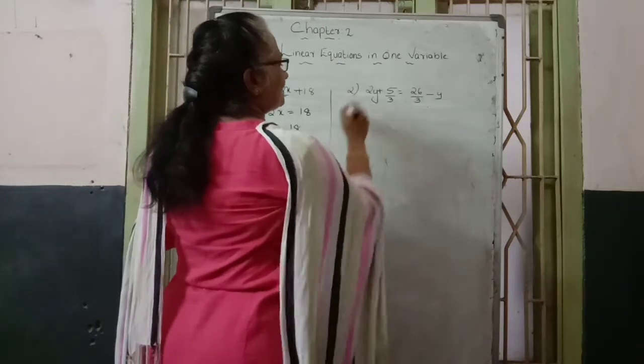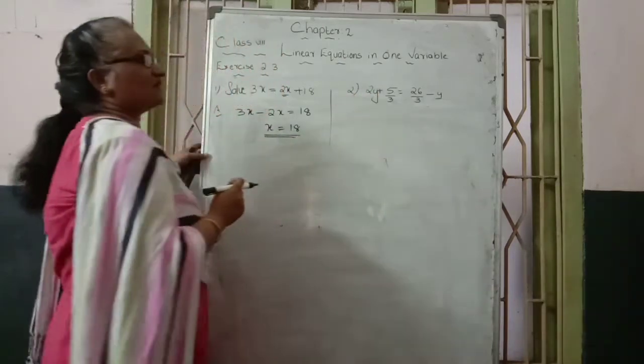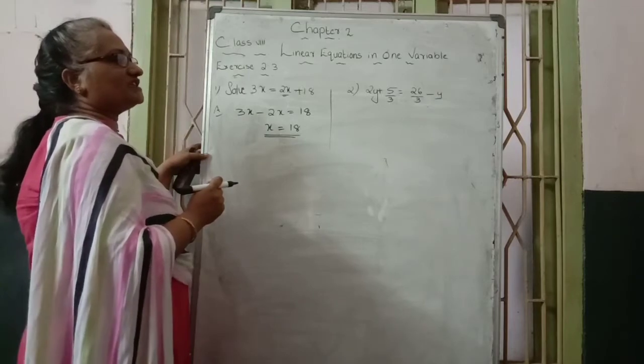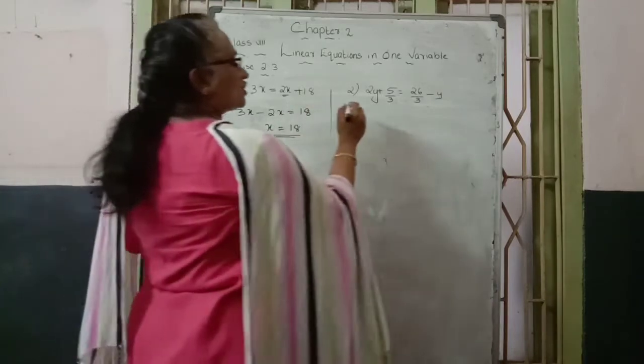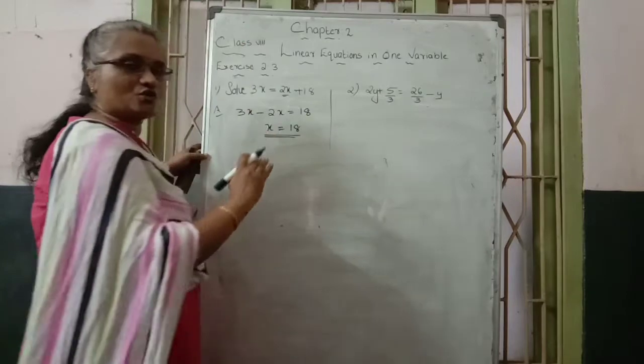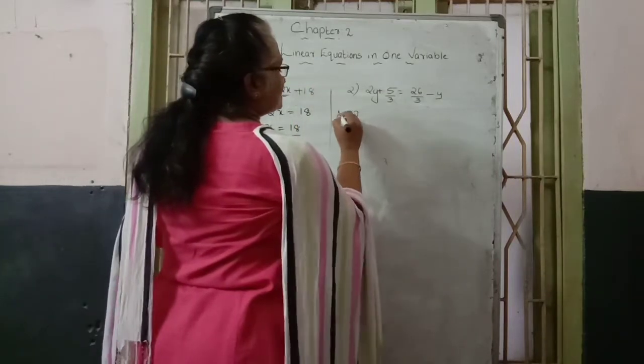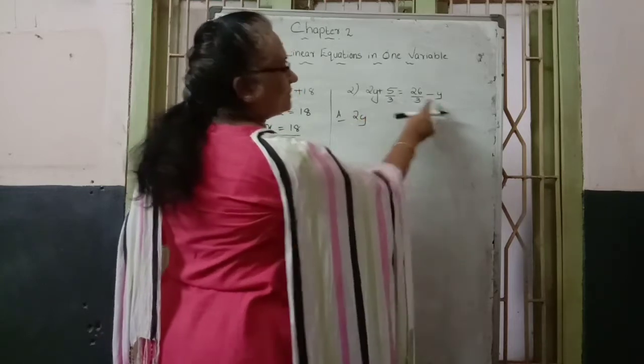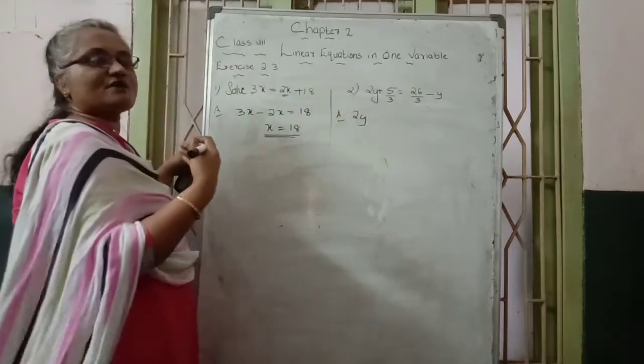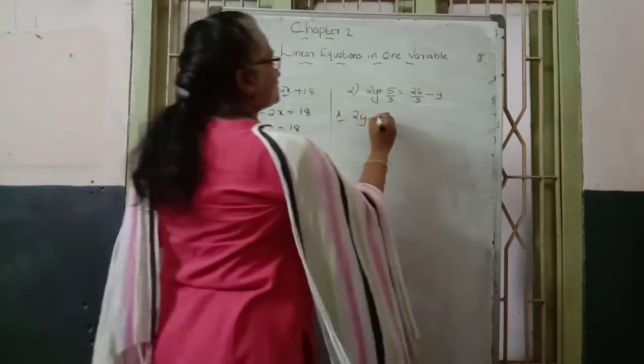Next, second question. Here it says solve 2y + 5/3 = 26/3 - y. Here also bring the y term to the left side and send the constant term to the right side. So 2y is there, then from the right side minus y is there. Minus y brought to the left side changes to plus y.